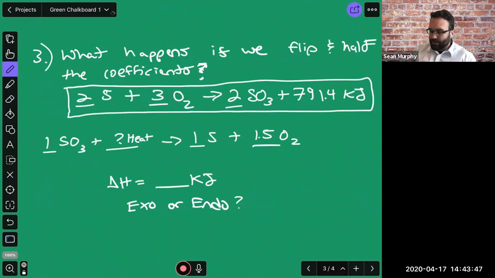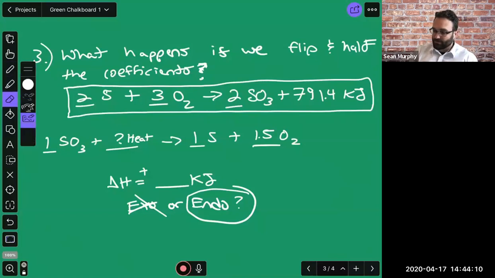I know that now that my heat is on the left-hand side, it's going to be positive because it's being absorbed, and it's going to be endothermic. But since half of the atoms are there, therefore half the heat is there. So let's get our eraser out and figure out how much heat is there.